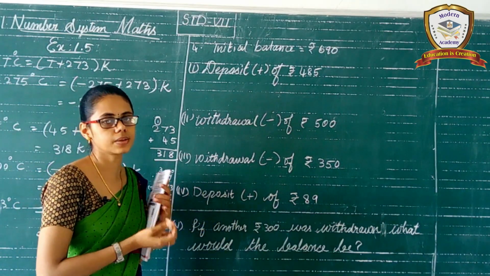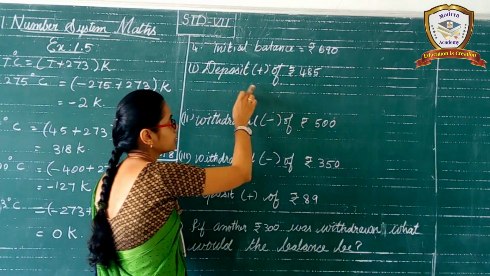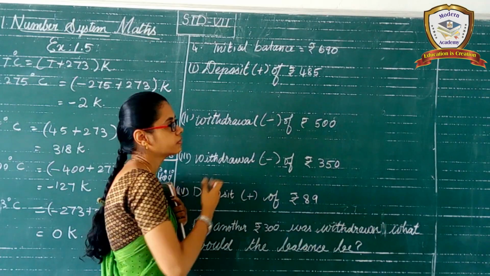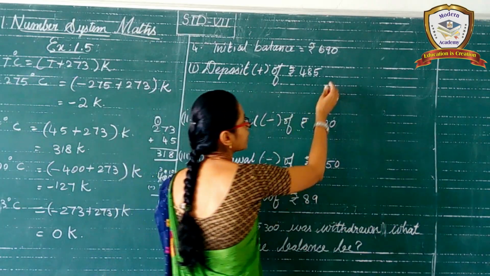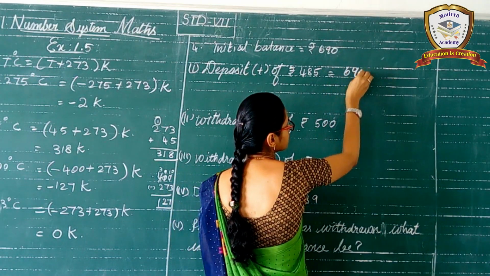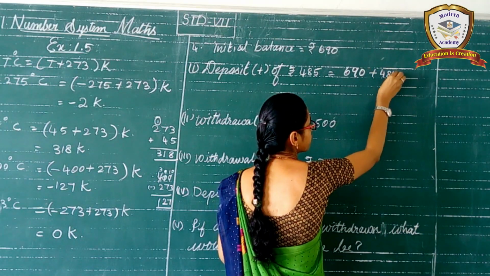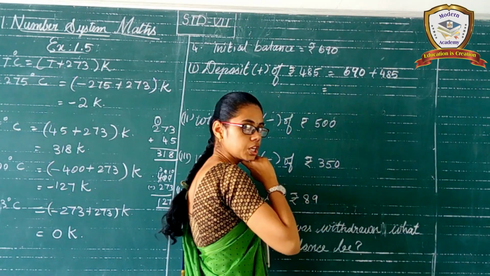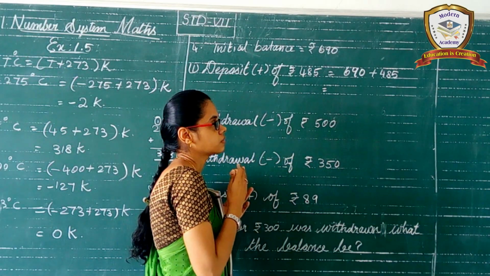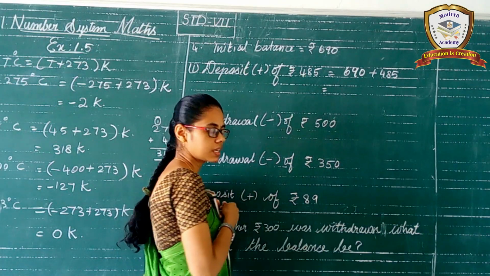Deposit. Deposit means add. Okay, so to the initial balance, it deposits how much rupees? 485, which means we have to add. Okay, that is deposit. To the initial balance, they will deposit, which means plus 485. Okay, I need to find the amount. Both are same sign. Same sign means we need to add the number.